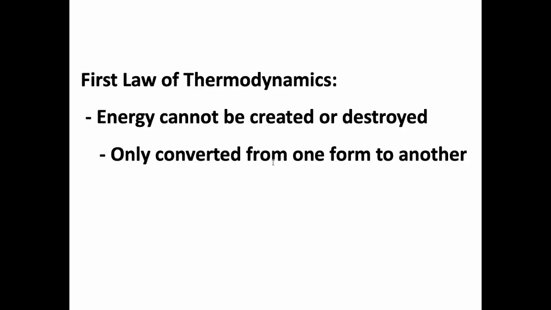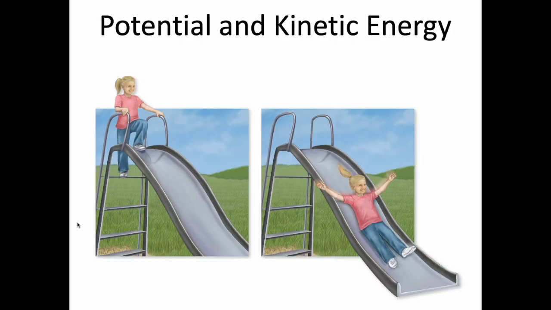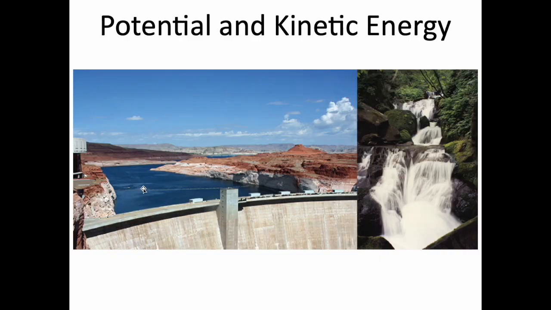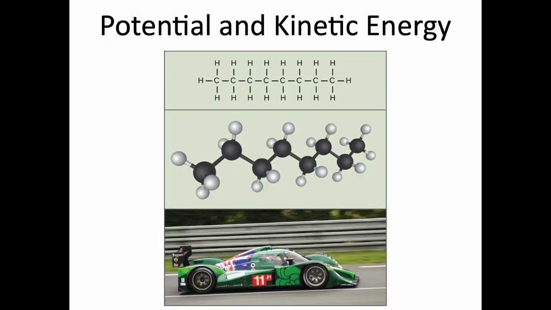We can convert energy from one form to another. So, yeah, we can convert potential energy to kinetic energy, and we can convert kinetic energy to potential energy. And yep, you can see where I'm going here. We can convert this chemical potential energy, burning this in an engine, into kinetic energy.